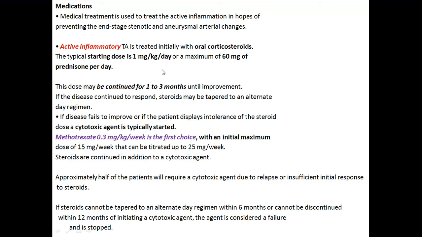So whenever you are giving steroids and you see there is no effect of the steroids, any of the cytotoxic agents is started. The best one to start is methotrexate, 0.3 milligram per kg per week, initial maximum of 15 mg per week, titrated up to 25 mg per week.